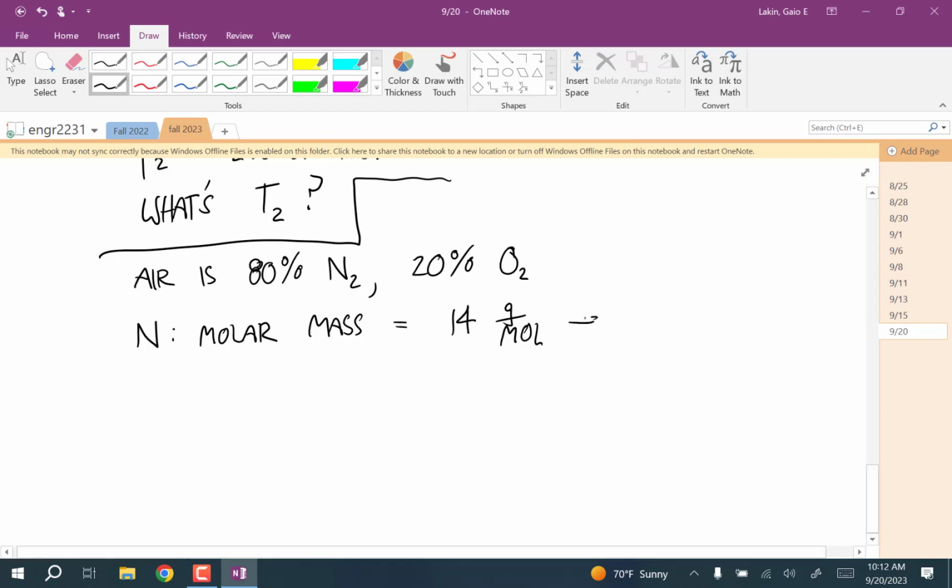And so that says that N2 gas has a molar mass of 28.